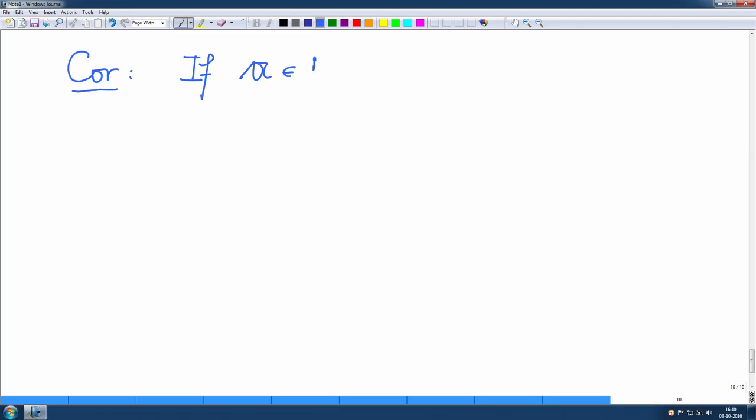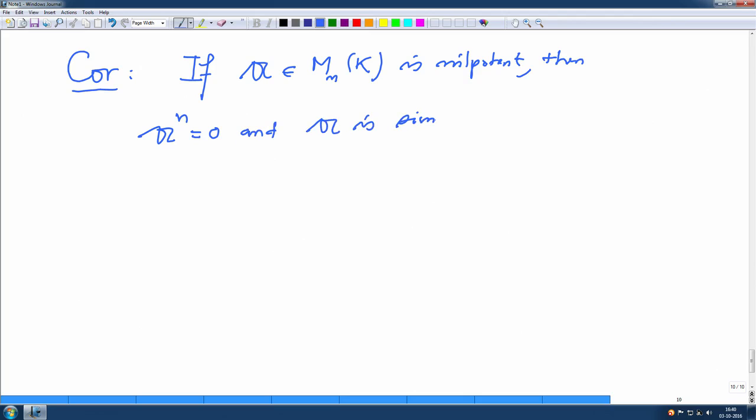If a square matrix A is nilpotent, then already A to the power n is 0, and A is similar to an upper triangular matrix with all diagonal entries zero.